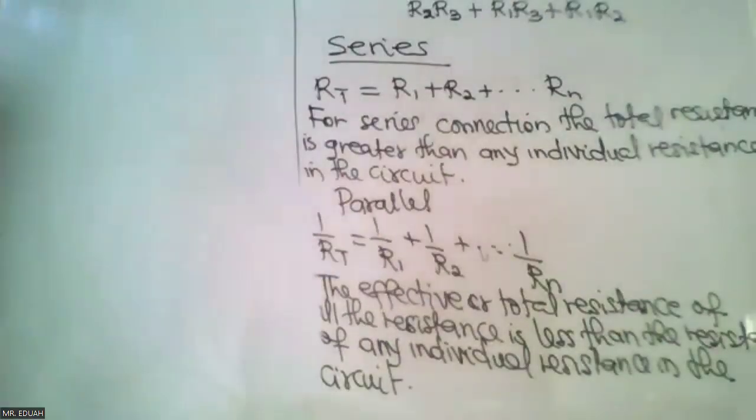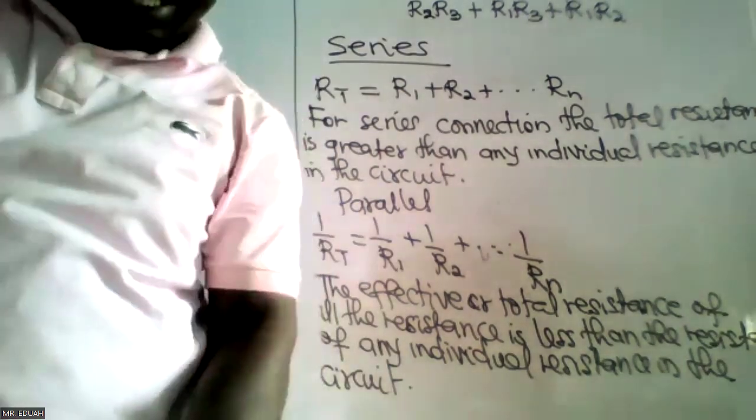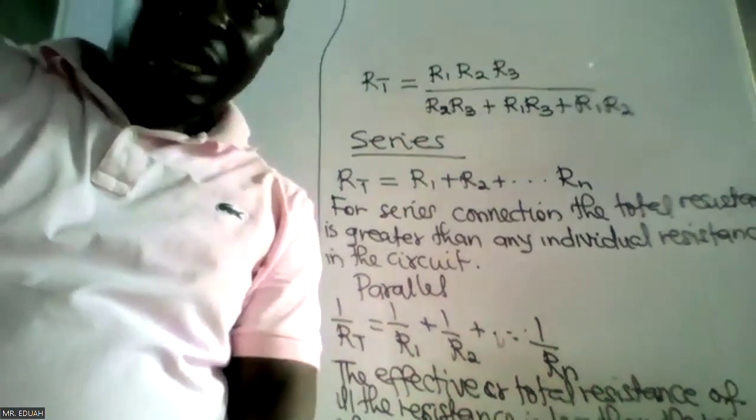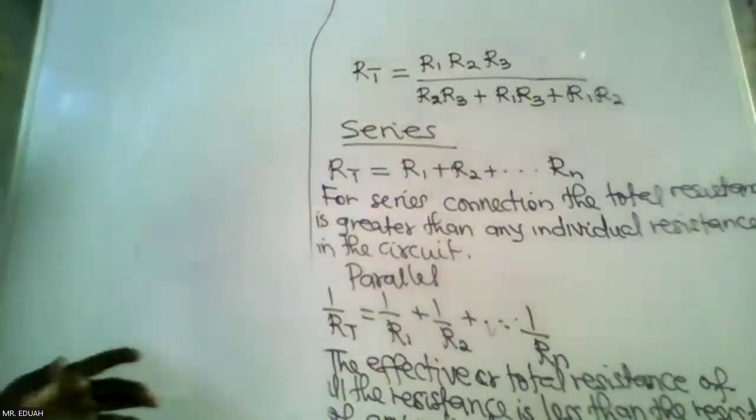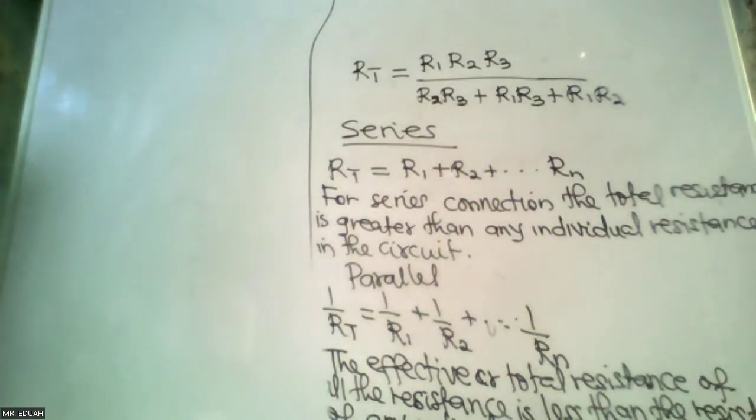So if you have maybe a 5 watt bulb, 15 watt bulb, 50 watt bulb, whatever, and you connect them in series, they will all give you the same level of brightness because the same amount of current flows through them.